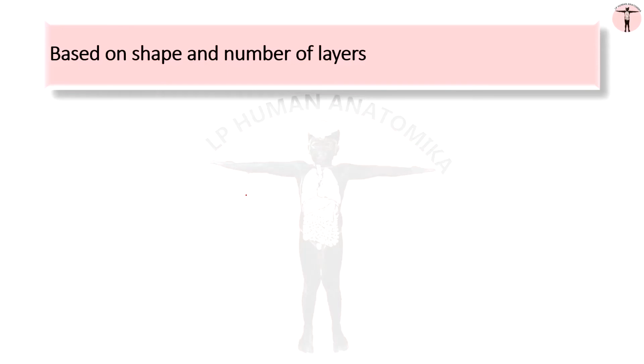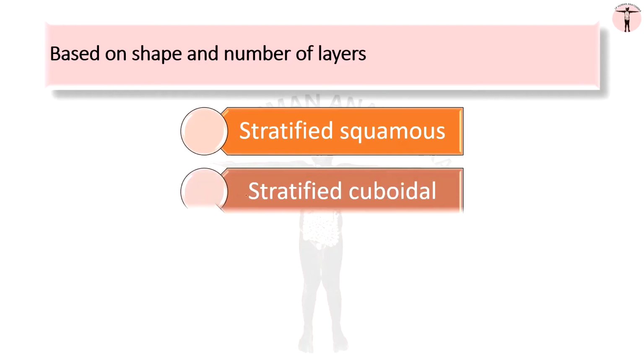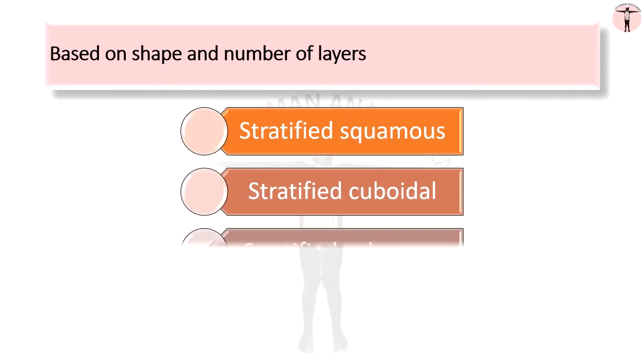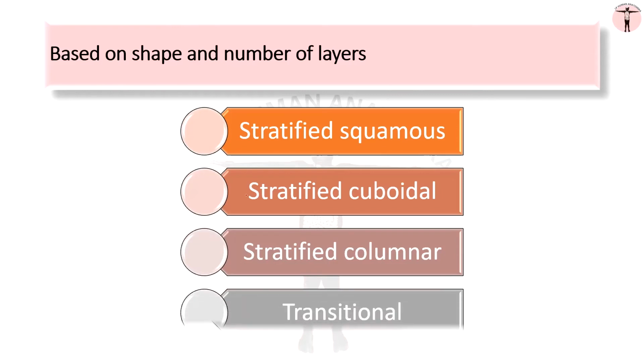Stratified epithelium is subclassified based on the shape of superficial cells into stratified squamous, stratified cuboidal, stratified columnar, and transitional epithelium. Further, the stratified squamous is divided into the stratified squamous keratinized epithelium and stratified squamous non-keratinized epithelium.